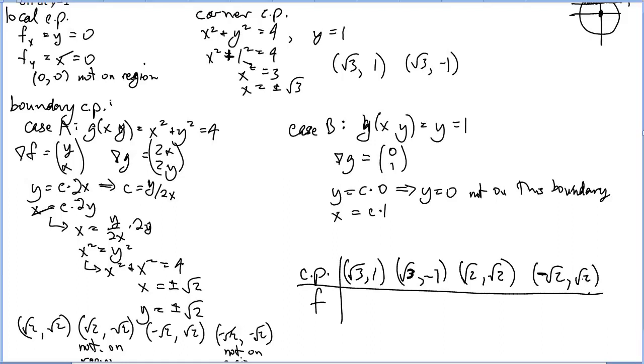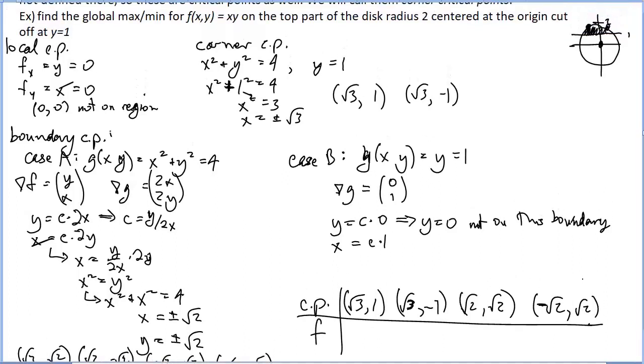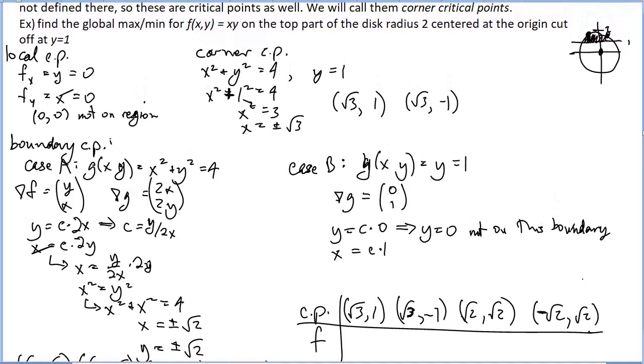So again, it is important to check that the critical points that you turn up are on the actual region that you're interested in. So of all our critical points, these are the ones that are, and now we just plug them into our original function. The original function was just x times y.